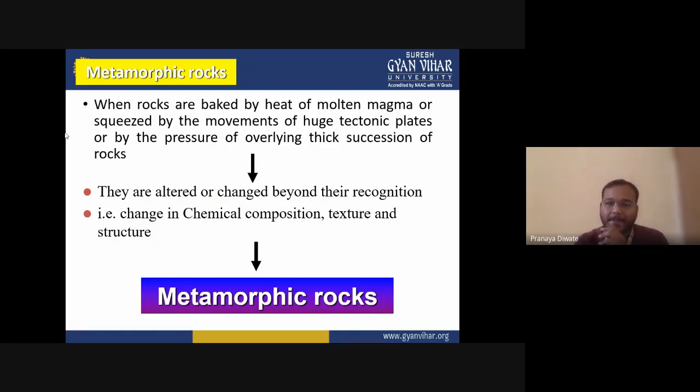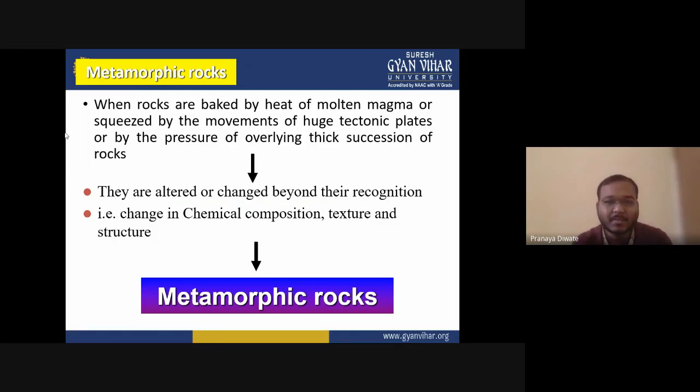So what happens in metamorphism? If you look at the word metamorphic and break it down, meta means change and morph means form.